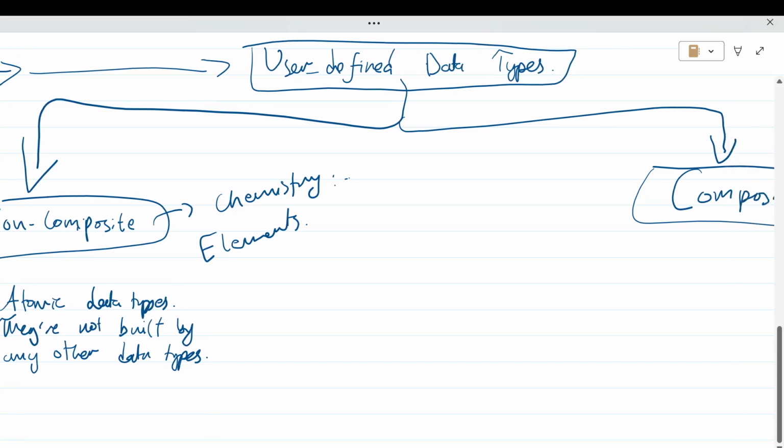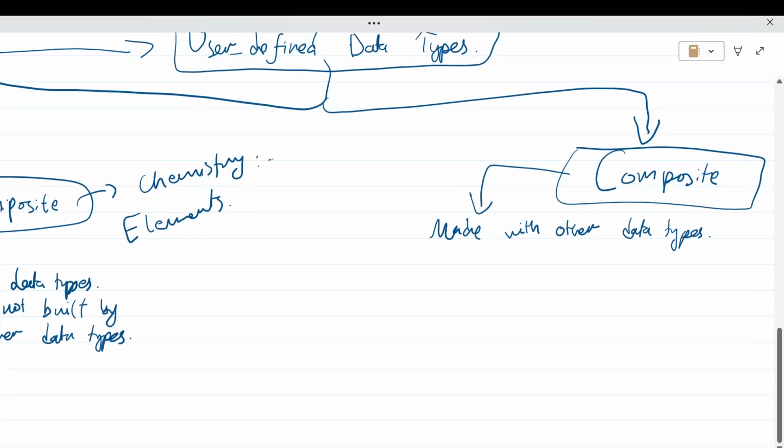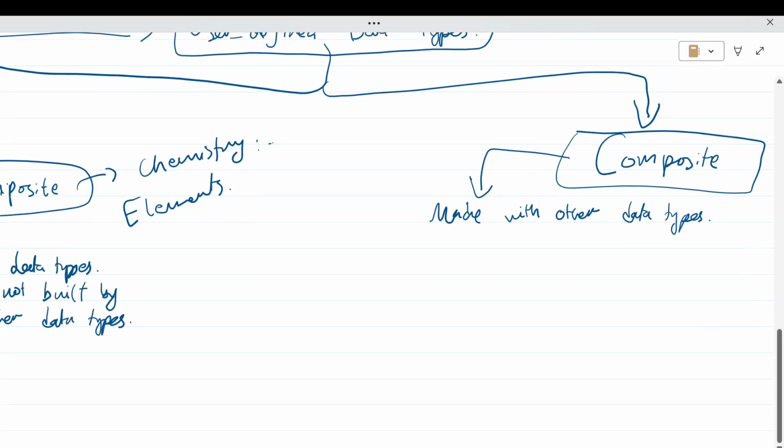And similarly, or paradoxically, composite data types are made with other data types. You take help of other data types in order to make these data types, right?